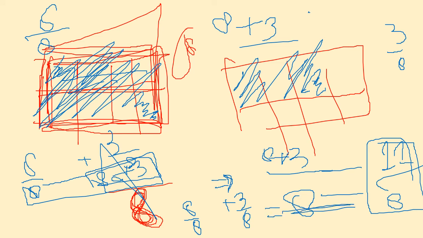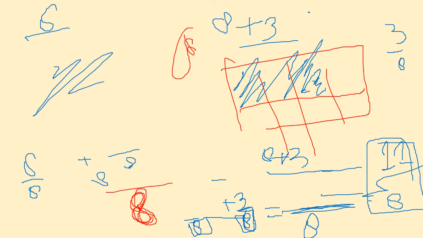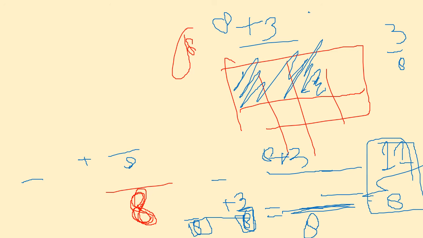Now our denominator is the same, so our denominator will become 8, and 8 plus 3 will become 11, so 11/8. So we can also write a mixed fraction in the form of an improper fraction. An improper fraction is a fraction in which the numerator is greater than the denominator.